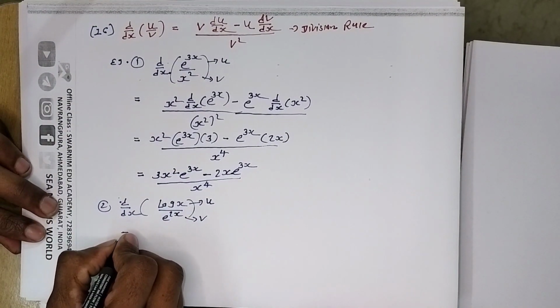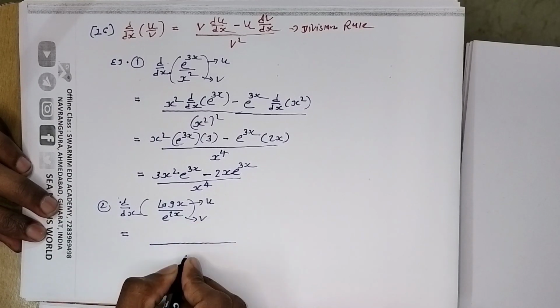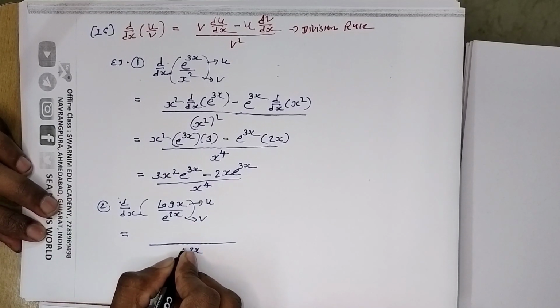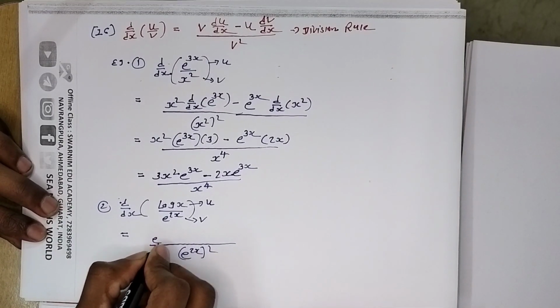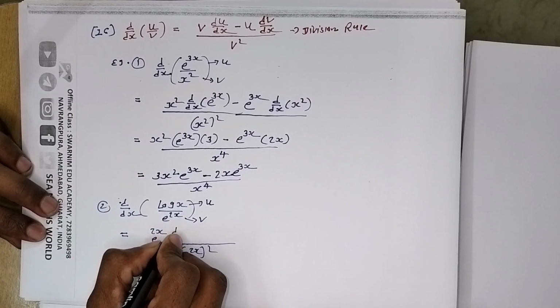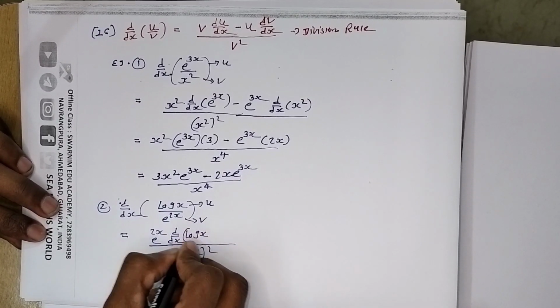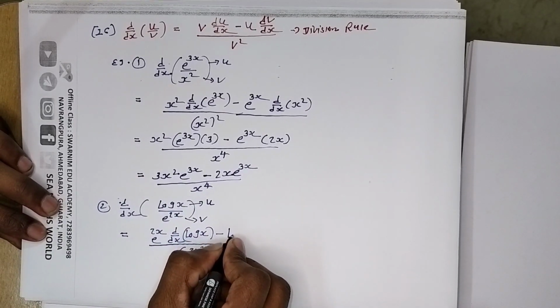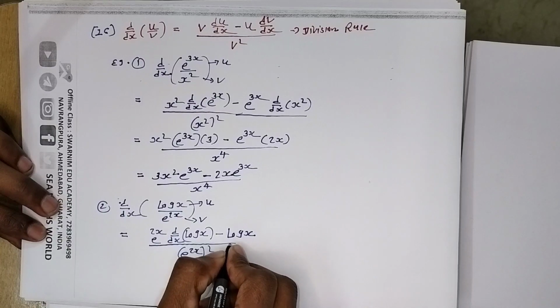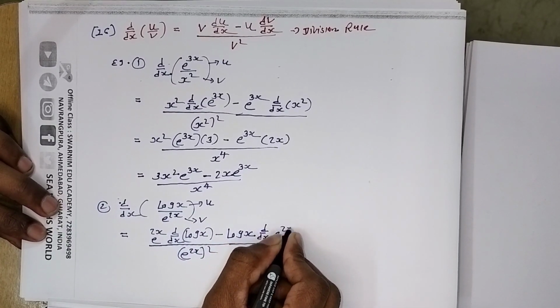So according to the formula, division square, that is e raised to 2x whole square in division. Put the same term into numerator. Then differentiate the numerator term, here log x. In between there is minus, then log x numerator as it is, and differentiate the division term, differentiation of e raised to 2x.